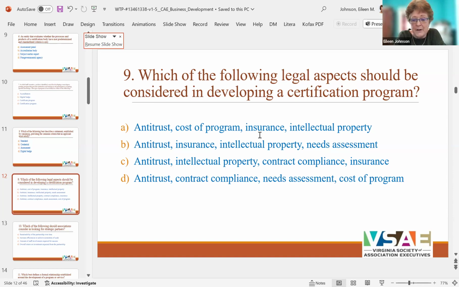I would have thrown out B and D because needs assessment is not legal at all, leaving us with A and C. And I wouldn't think that contract compliance fit in with a certification, which is why I would knock that one out and be left with A. Yeah.